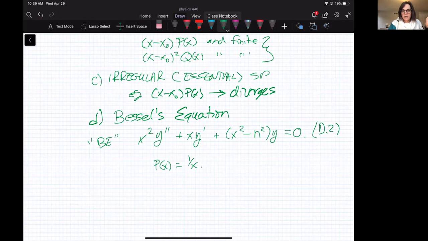So in this case, we divide everything by x squared. p of x is equal to 1 over x. q of x is equal to 1 minus n squared over x squared. All of this means that x equals 0 is a regular singular point, or a non-essential singular point.